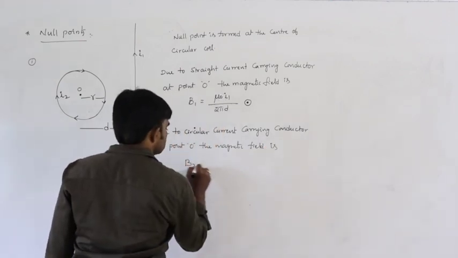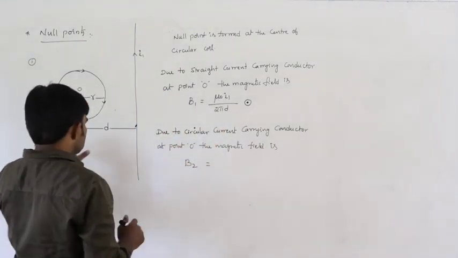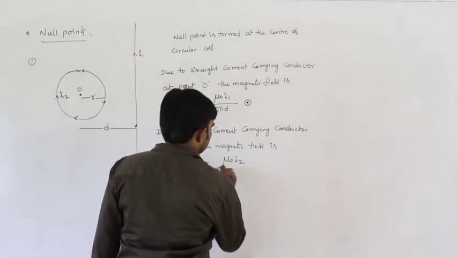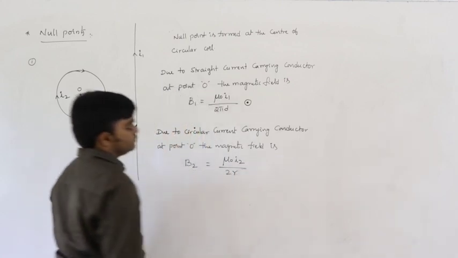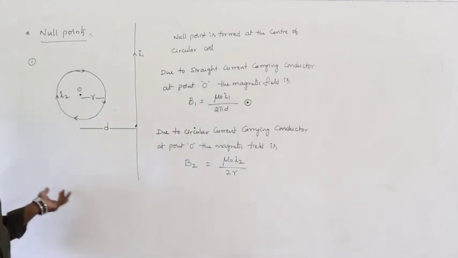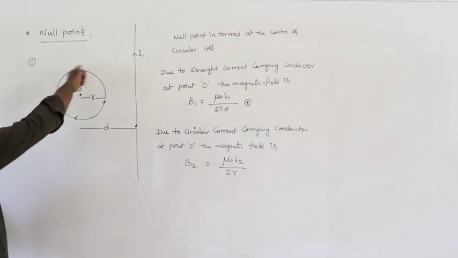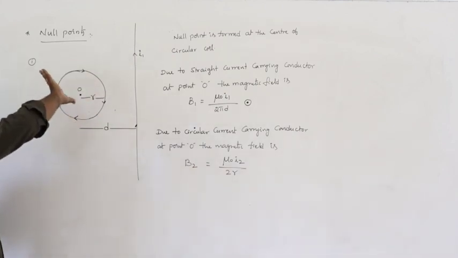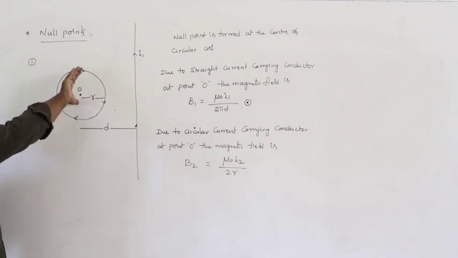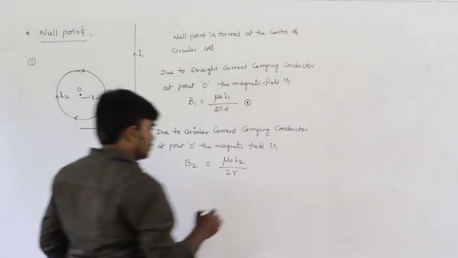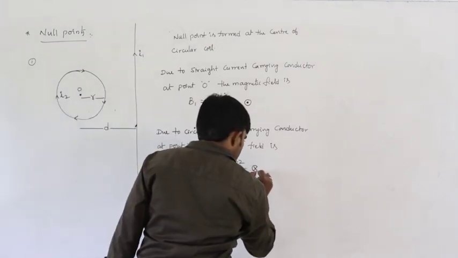So B2 is equal to, due to the circular current coil, the general formula mu naught I2 by 2R, or if n is the number of turns, then mu naught N I by 2R, or mu naught I2 by 2R. What is the direction of the current? Clockwise. In the clockwise direction, curling of the fingers indicates the direction of the current, and the thumb indicates the direction of the magnetic field. What is the direction of the magnetic field? Inwards.